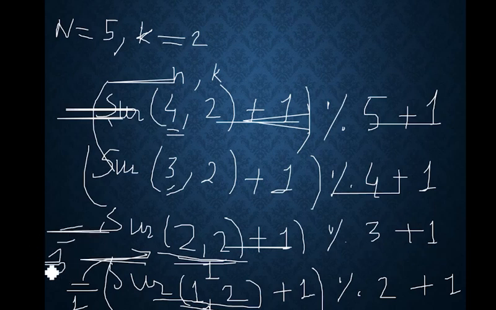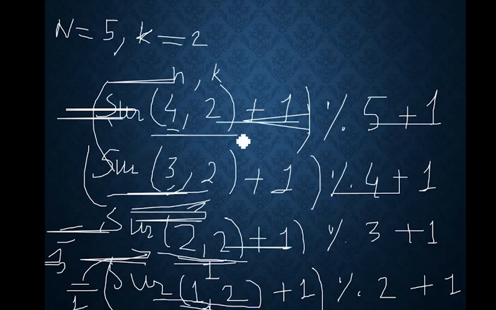Okay, so as recursion uses the bottom up approach, this 3 value is assigned to survive of 3, 2. So 3 plus 1, 4. 4 mod 4, 0, 0 plus 1, 1. So this 1 value will be assigned to survive of 4, 2. So 1 plus 1, 2. If you divide 2 by 5, what will be your remainder? Modulo always gives you the remainder value, 2. So 2 plus 1, 3.